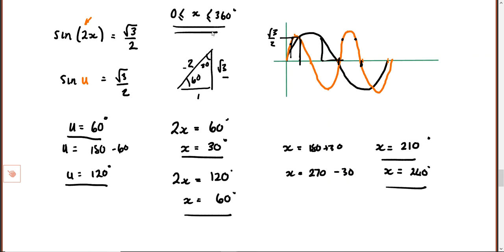So they're asking you only from 0 to pi, for instance. Some are 0 to 2 pi, so you're going to have to get more. So you have to be careful. I've just gone 0 to 360 degrees, but sometimes if I know there's going to be 2 waves in 360, they might say only do it up to 180 instead, and that keeps the same number of solutions.